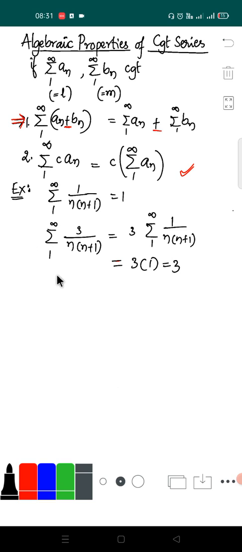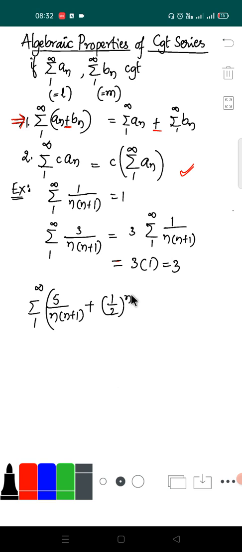Suppose we have the summation of 5 by n into n plus 1 plus half to the power of n, where n goes from 1 to infinity.